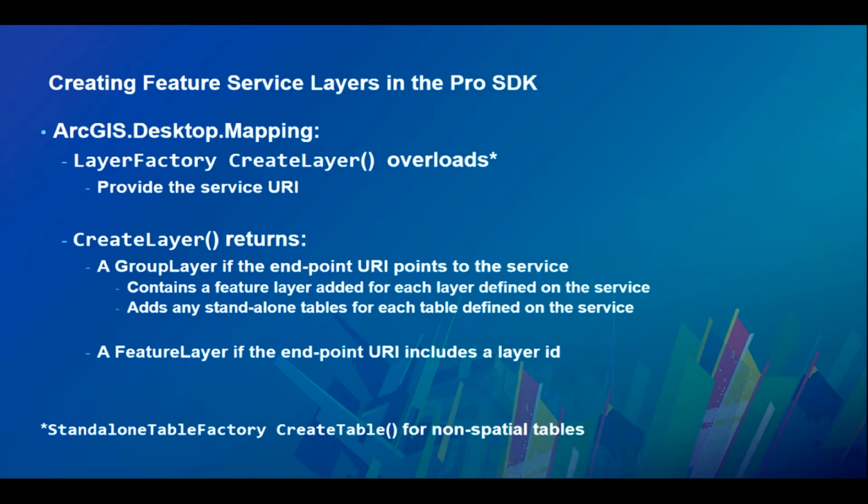If you provide a service URI that points to the feature service itself, you're going to get back a group layer. And then within that group layer, you will have child feature layers added for each individual layer defined on that service. If there are any non-spatial tables defined on that feature service, they're going to be added to the standalone table collection at the bottom of the TOC.